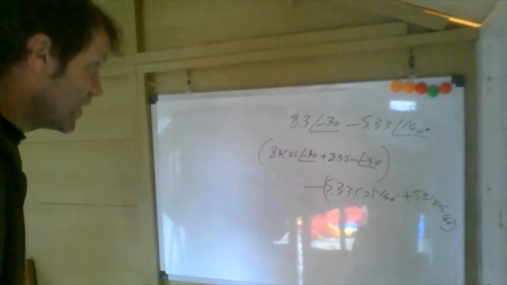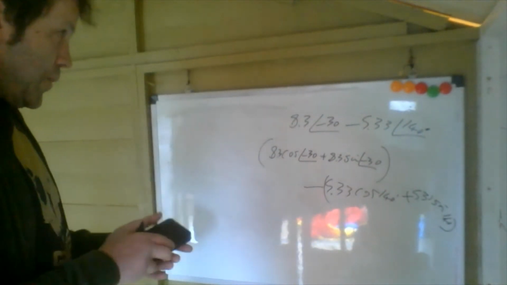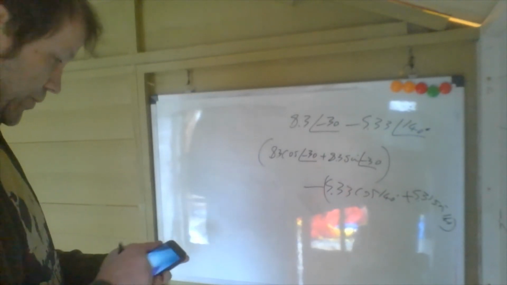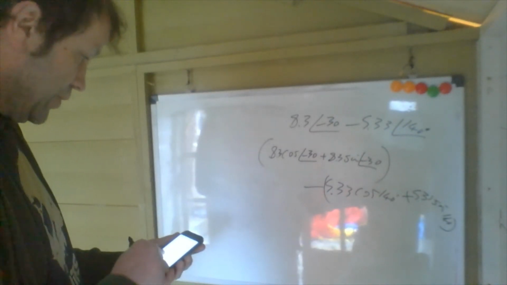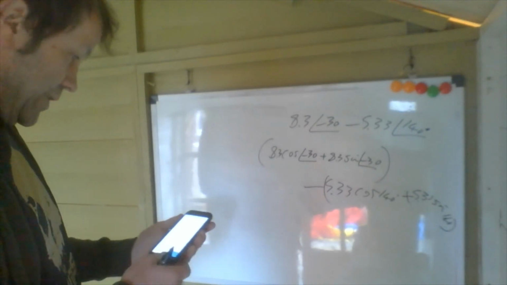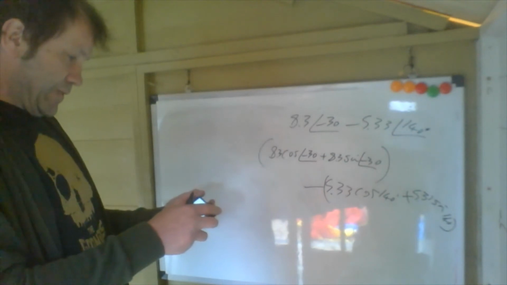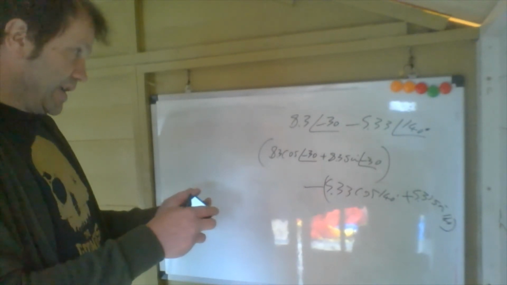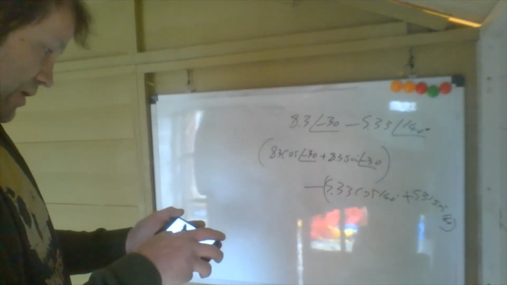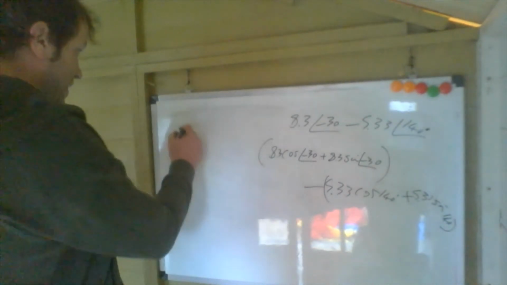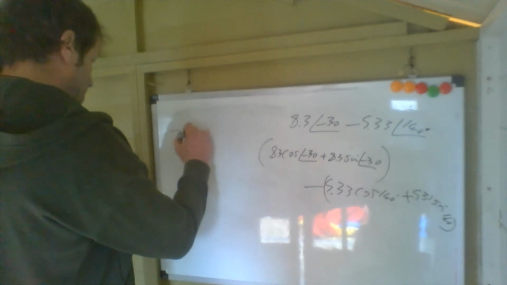So what is that then? So it's 8.3 cos, that would be 7.2.